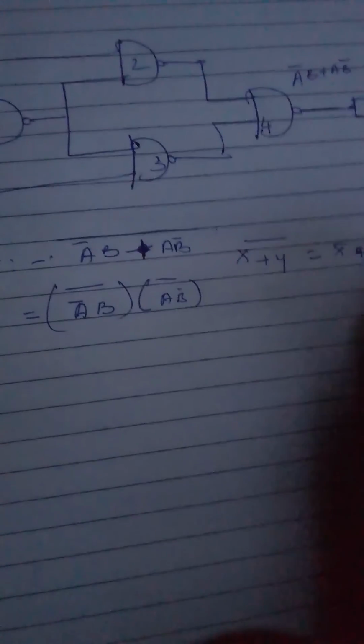Now with this as a condition, you have gate 5's function to be (A bar B plus A B bar) whole complement, because you're using the fifth gate as a NOT gate. So when I apply De Morgan's theorem, it becomes (A bar B) complement into (A B bar) complement, that is, (x plus y) complement is equal to x complement dot y complement.